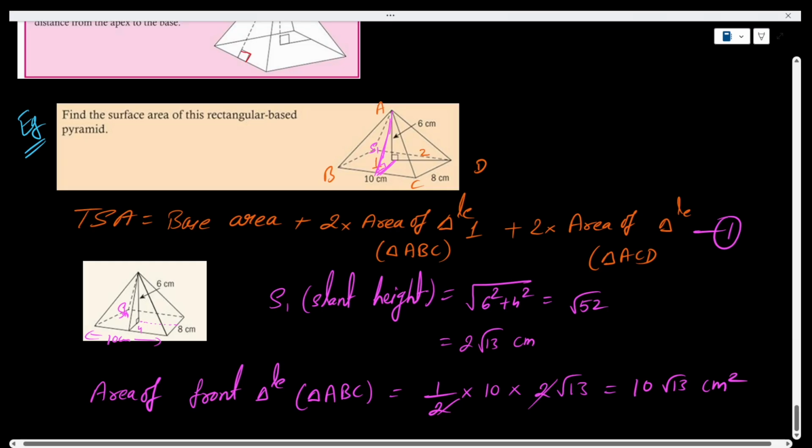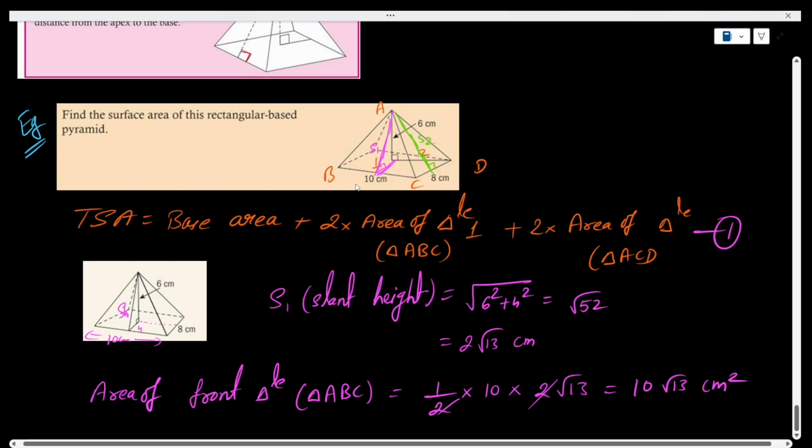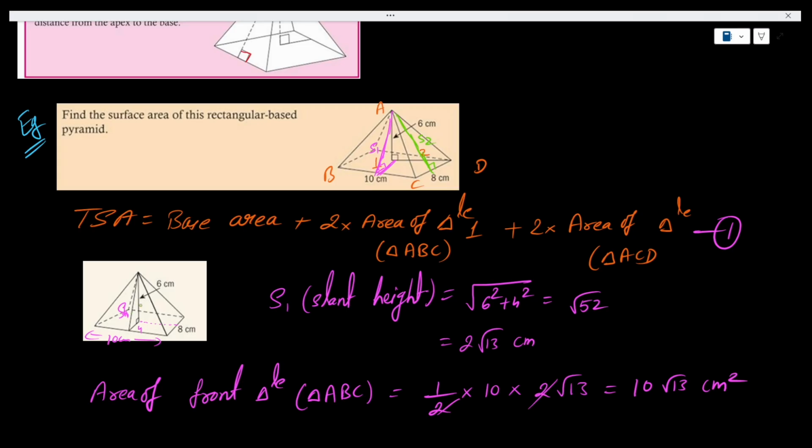Now, similarly, I need to find the height, because here this is slant height 2, right? This is S2, for the front triangle and side triangle. You are going to get it like this. This is your S2, right? This is again 90-degree. Now what will be this length? Because it is exactly in the middle, it will be half of 10.